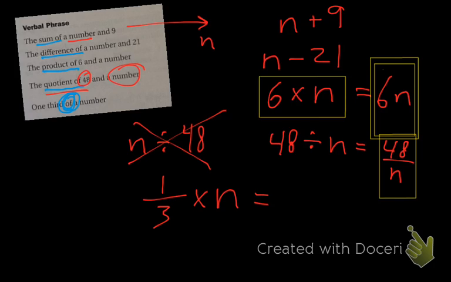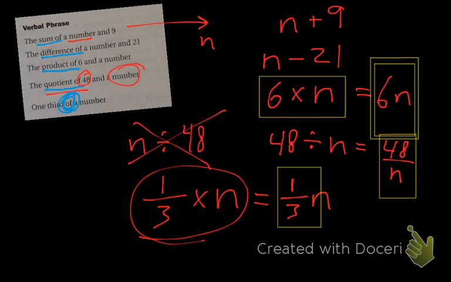Once again, instead of seeing it like this, most often you will see it like this. Just 1/3 scrunched up against that variable. 1/3 n. That means 1/3 times n. And remember, n is a variable. It could be whatever number they tell you it should be.